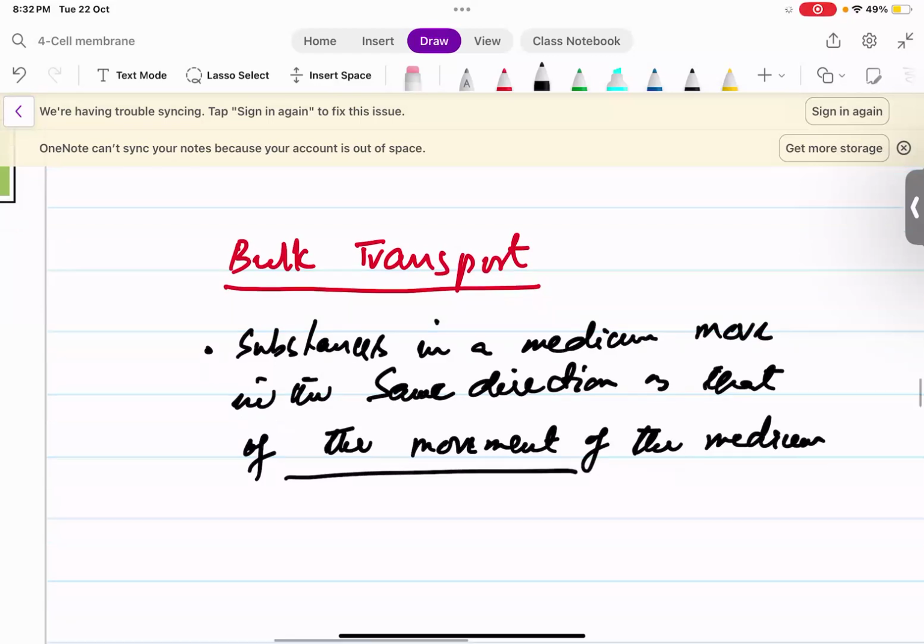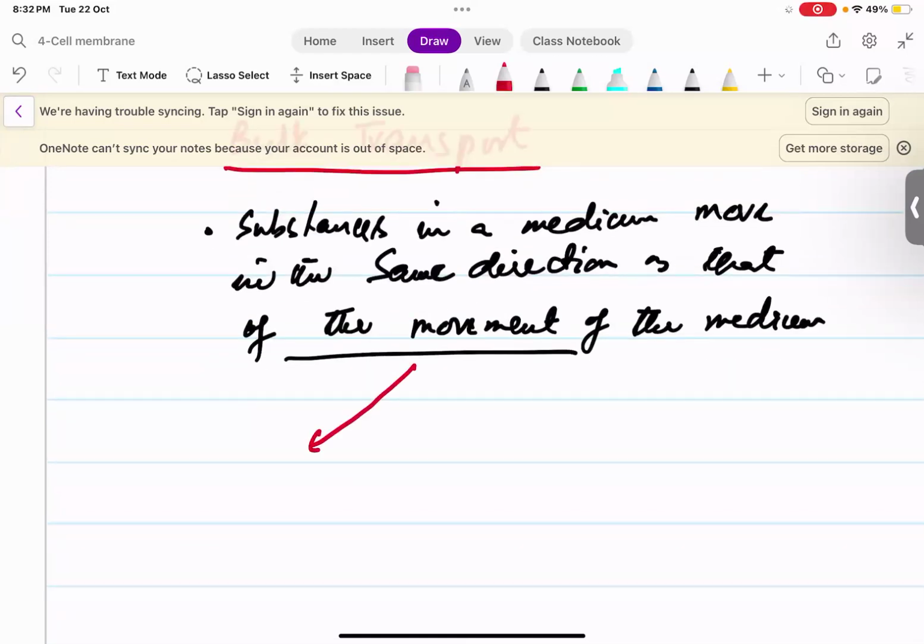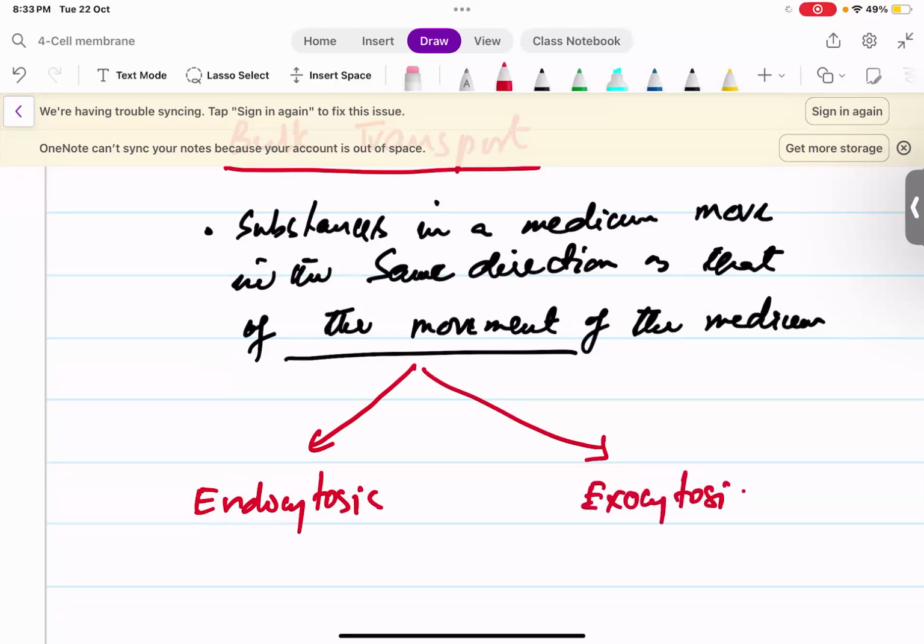Okay. There are two types of this bulk transport. One is endocytosis, and the other is exocytosis. So let's see endocytosis first.